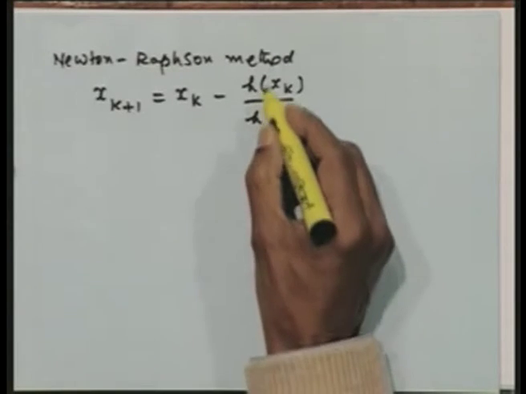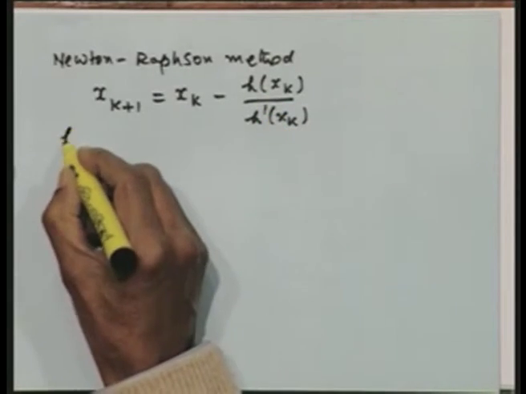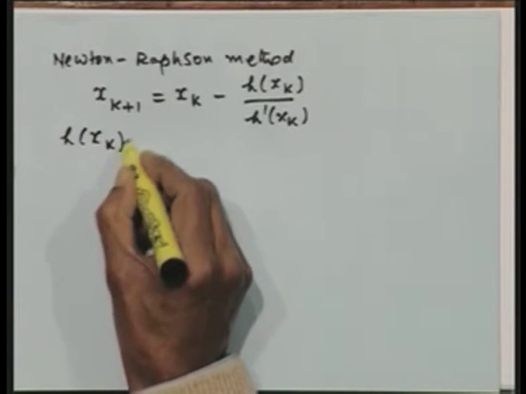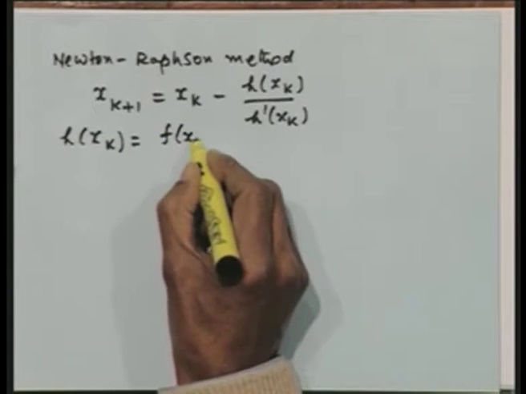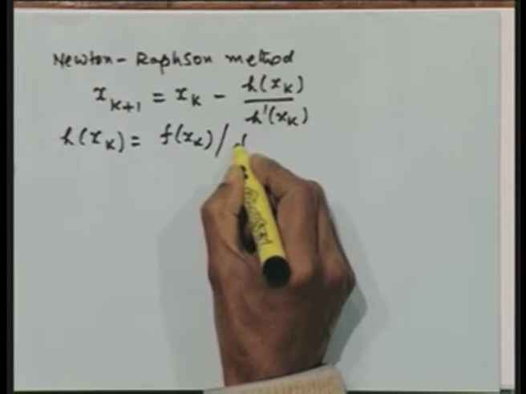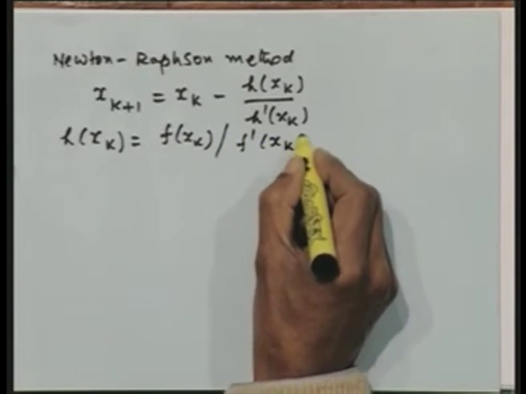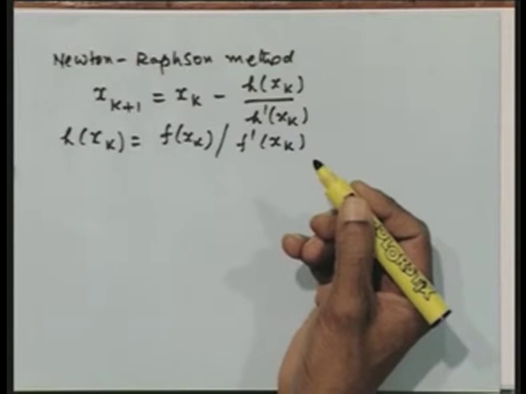Now, I need these two quantities. So, h at x_k will be simply equal to f at x_k divided by f' at x_k, from the definition of h(x).